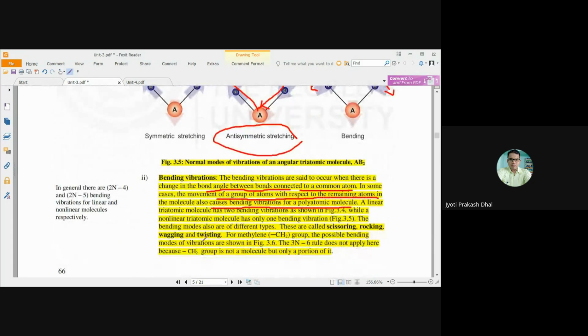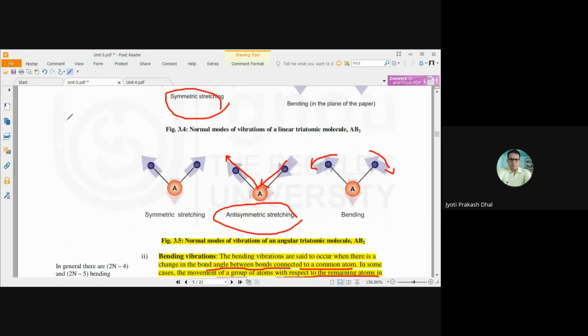And then another one is twisting. Twisting means all three atoms are present on a single plane. So for twisting, one atom will bend below the plane and the other atom will bend above the plane. That is called twisting.